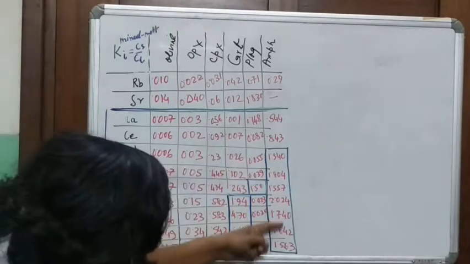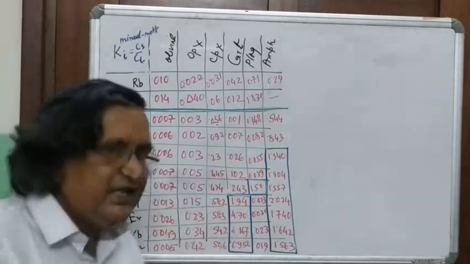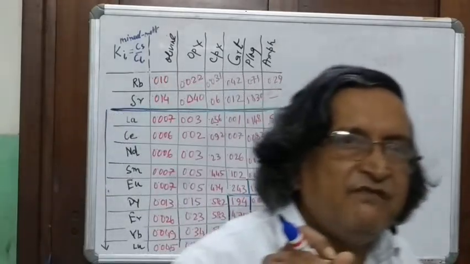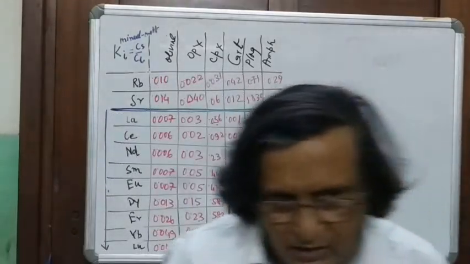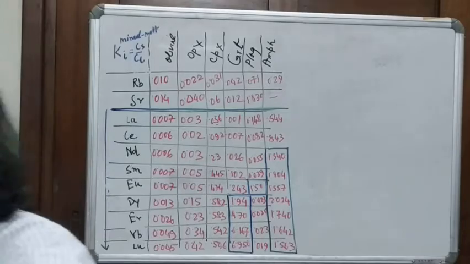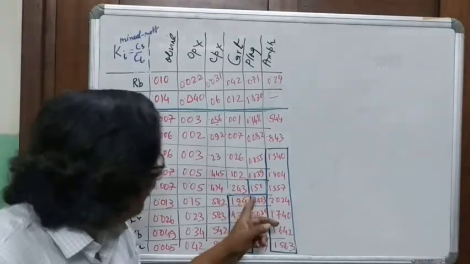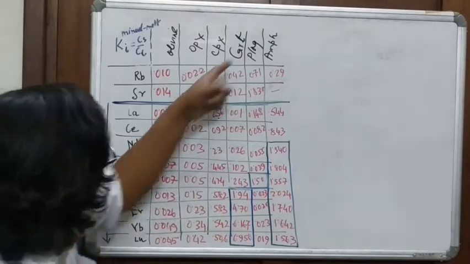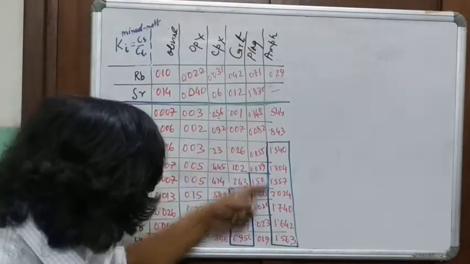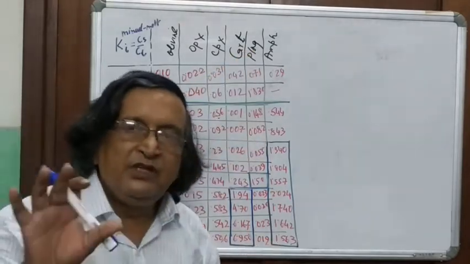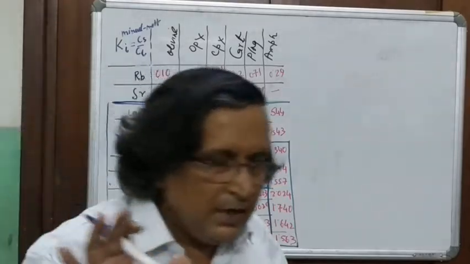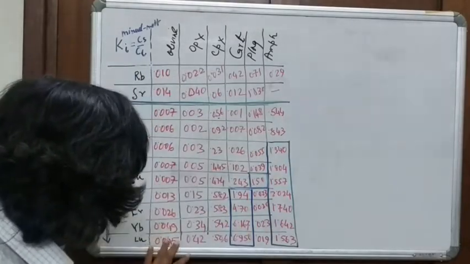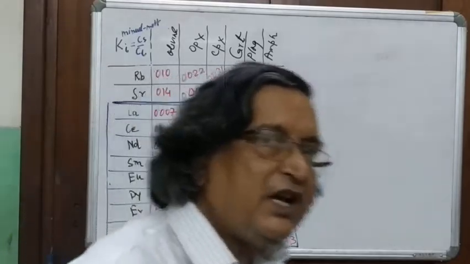So the ones in blue, these elements, have partition values greater than 1. For plagioclase, only europium. And for amphibole, starting from neodymium to lutetium, these values are compatible. Other than that, all values are incompatible.